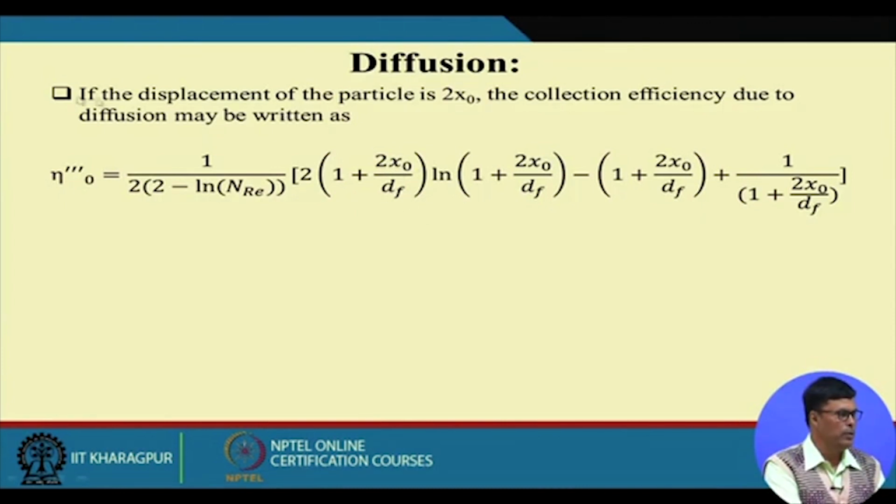Now, 2x0 is represented as the displacement of the particle, that is, how much path is moved, that is 2x0, and then the collection efficiency is calculated like this. So, it is exactly similar to the interception, the only difference is that your dp is replaced by 2x0.